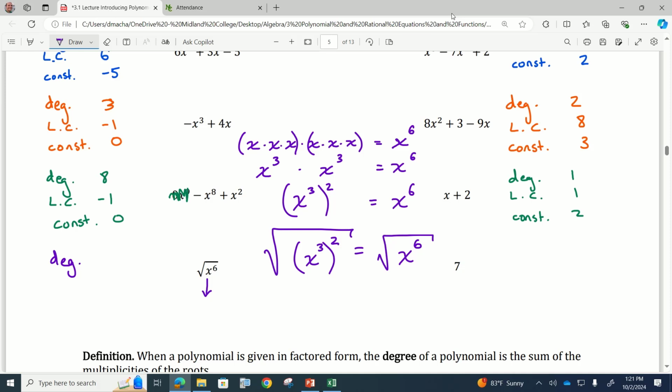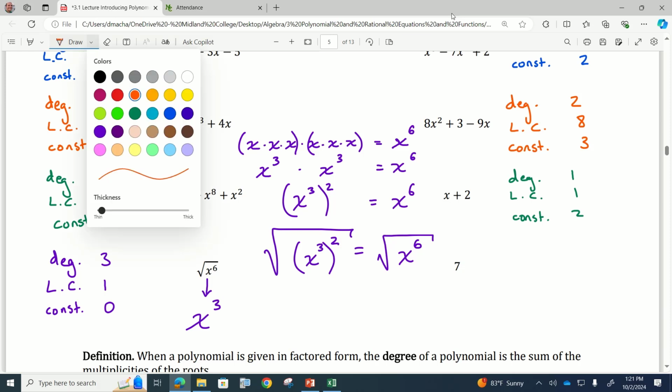And so this is exactly the same as just x raised to the 3 power. So the degree of this is 3. And the leading coefficient is 1. And the constant term is 0.